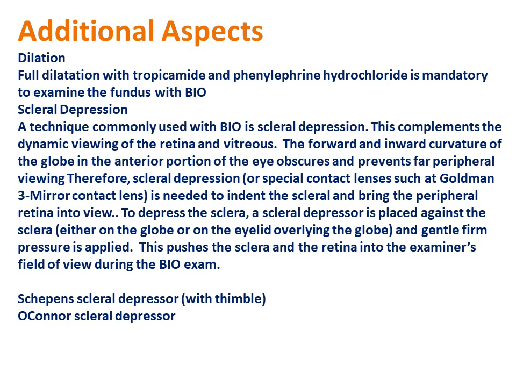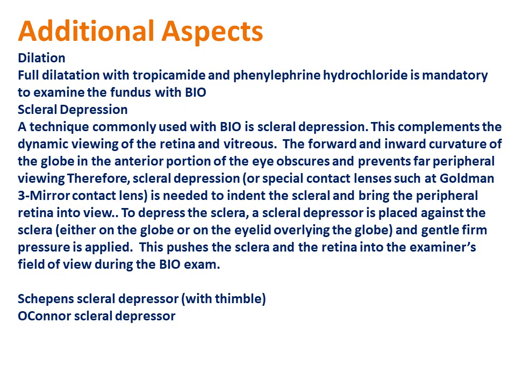Therefore, scleral depression is needed to indent the sclera and bring the peripheral retina into view. To depress the sclera, a scleral depressor is placed against the sclera and gentle firm pressure is applied. This pushes the sclera and the retina into the examiner's field of view during the binocular indirect ophthalmoscopy examination.